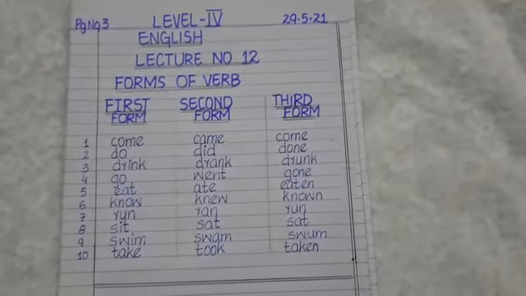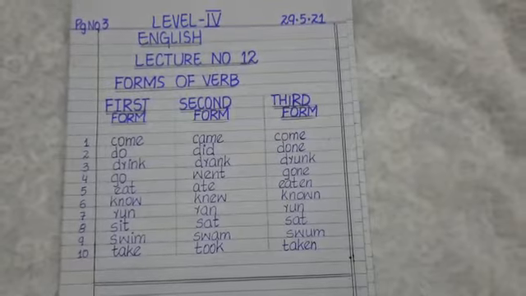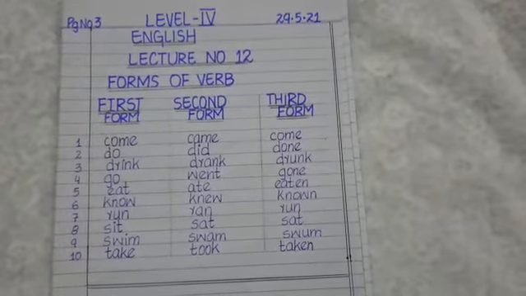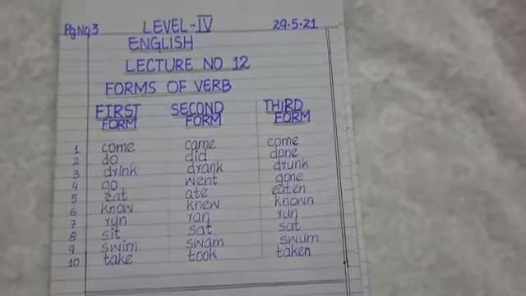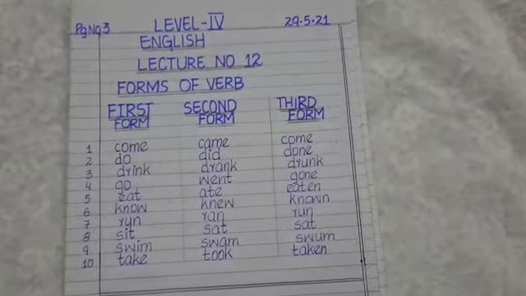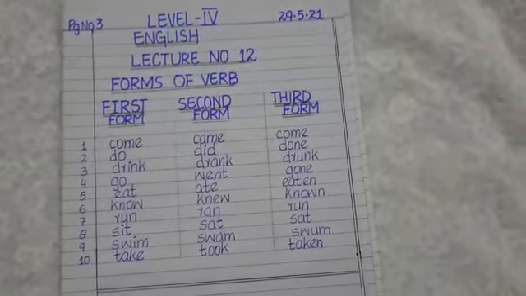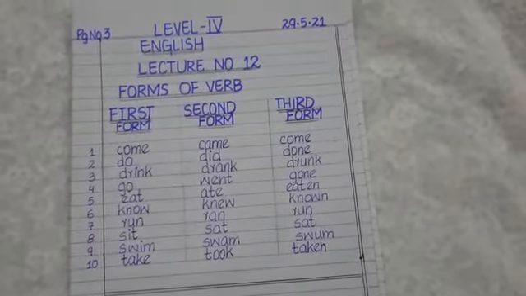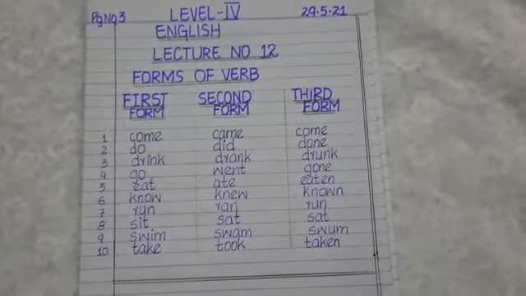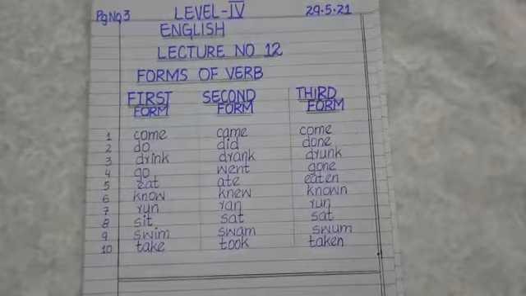I am again repeating that forms of verb means kinds of verbs, types of verbs. There are 5 forms of verb. The first form is called the base form, the simple present tense. The second form is called simple past tense.